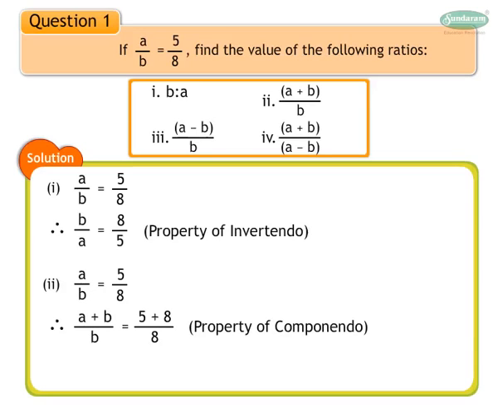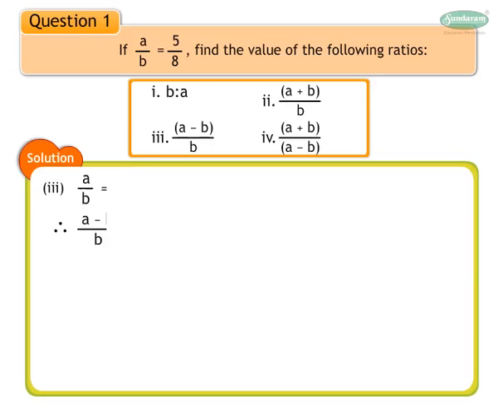So, (a+b)/b = (5+8)/8, which becomes 13/8. 3. To find (a−b)/b, let us use the property of dividendo. So, (a−b)/b = (5−8)/8, which becomes −3/8.